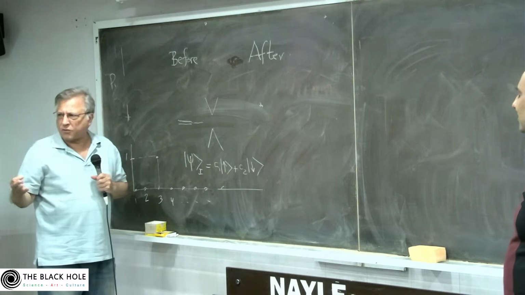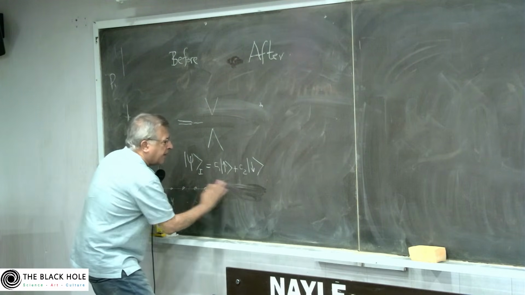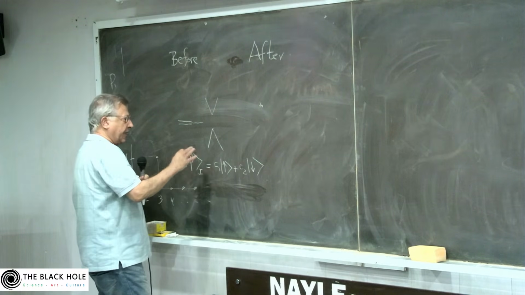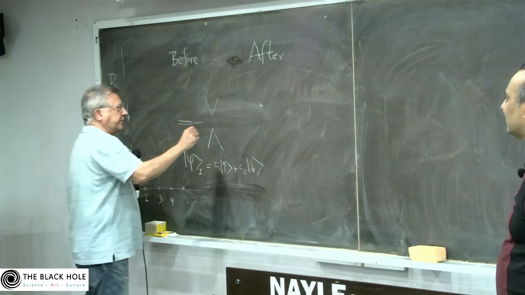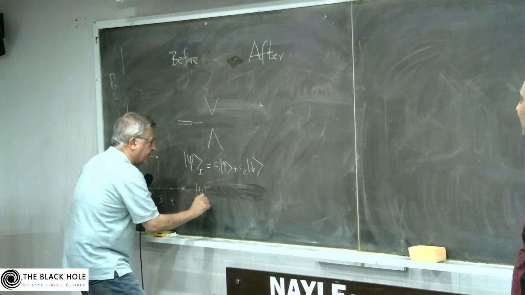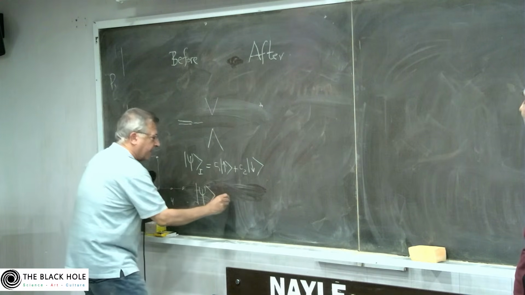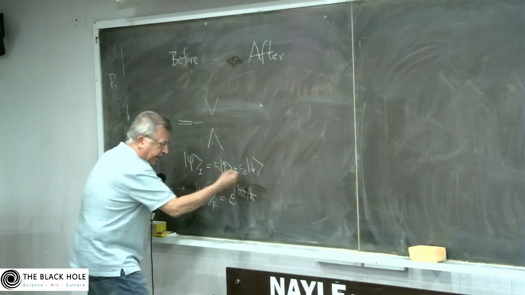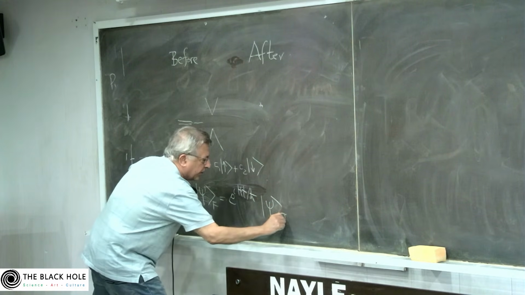You don't know the coefficients C1 and C2, so you just write this, and that is the initial state. Afterwards, psi final is then e to the minus iHt divided by h bar, the evolution operator, acting on this initial state.